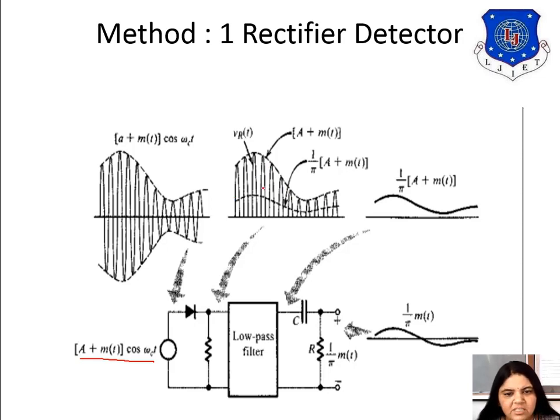Now with this positive cycle output, we want only the information signal. Information signal is the low frequency signal. So we want to eliminate the high frequency component, and we pass it through the low pass filter. This low pass filter removes all high frequency components so that we can recover the envelope of the output. So at the output end we have this.